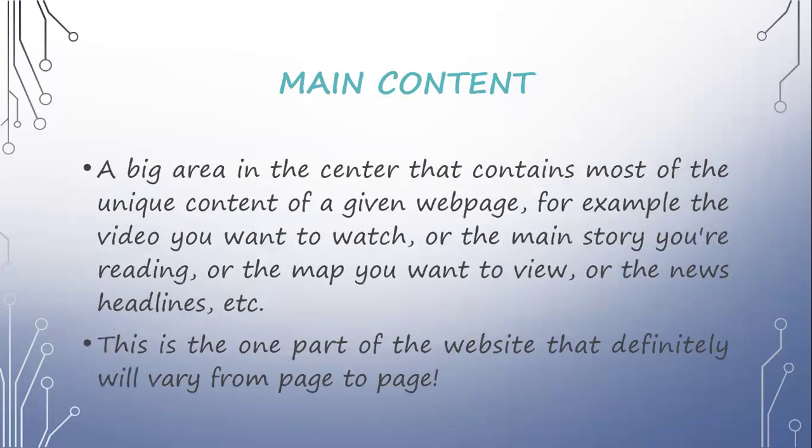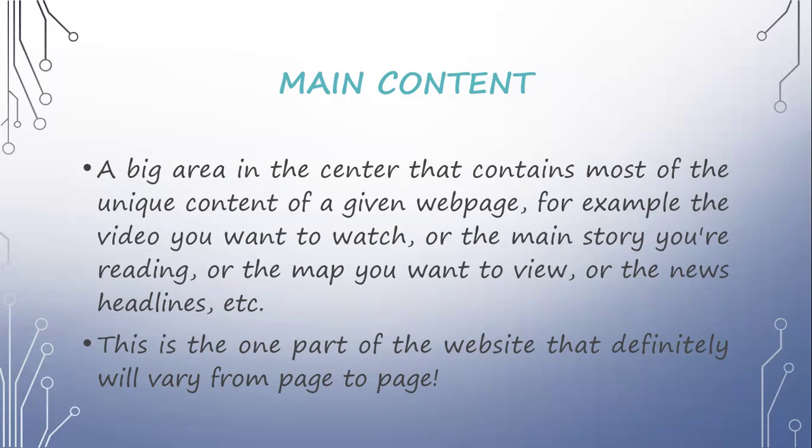The other fixture is the main content. A big area in the center that contains most of the unique content of the given web page. For example, the video you want to watch, or the main story you are reading, or the map you want to view, and the news headlines, etc. So the main content is all the information found at the center of your web page.